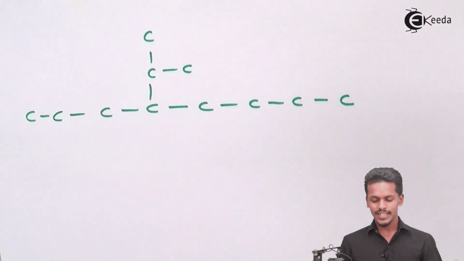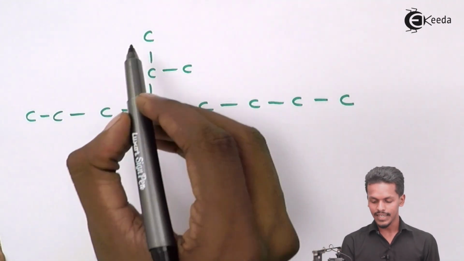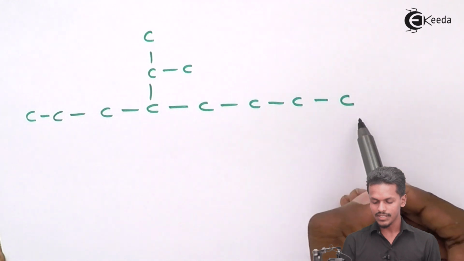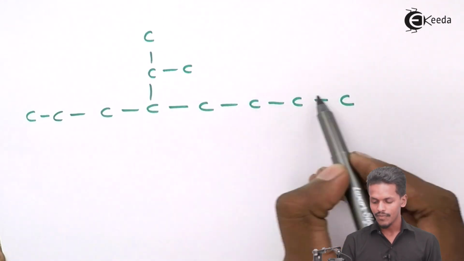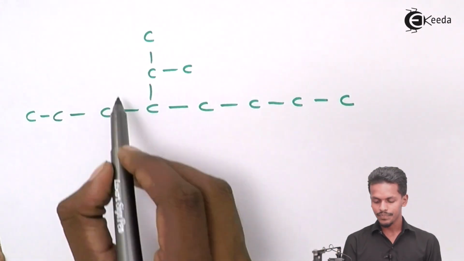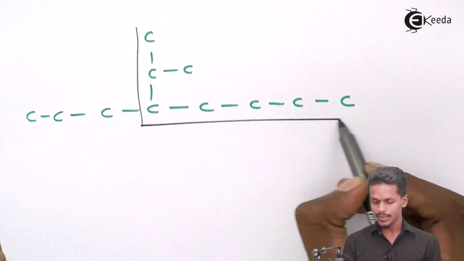So let us decide in this manner. Suppose I choose this to be the longest chain, and I draw it in this manner.